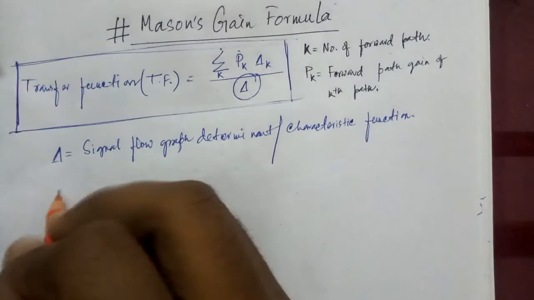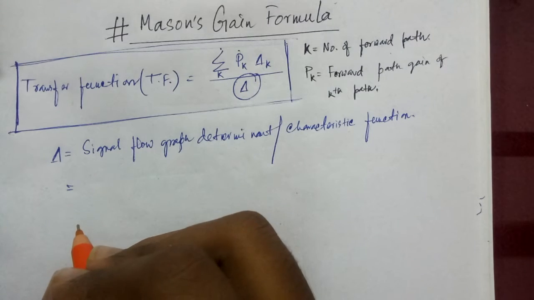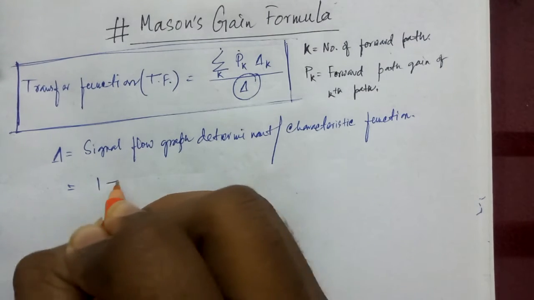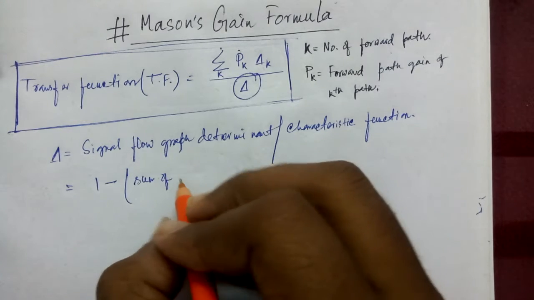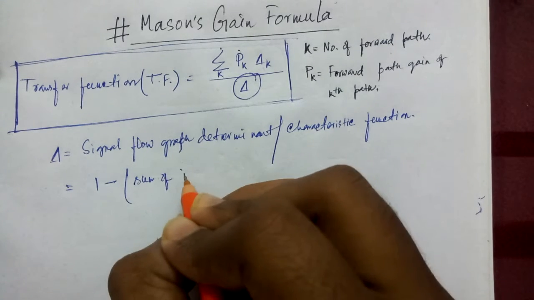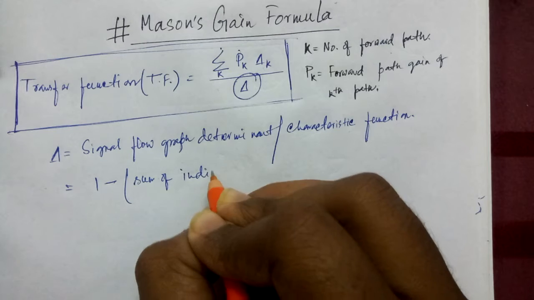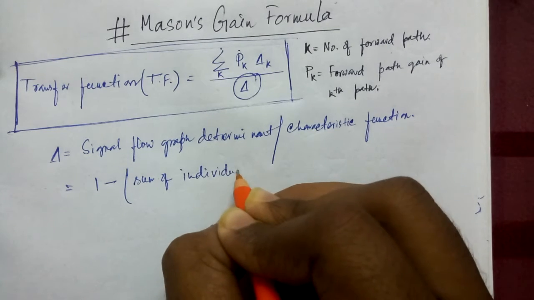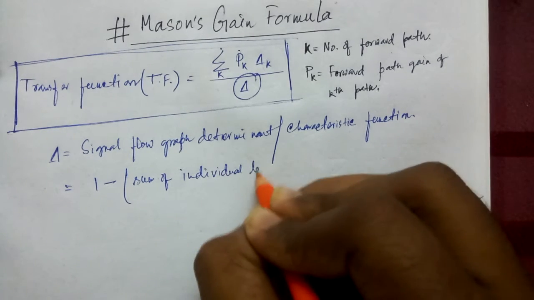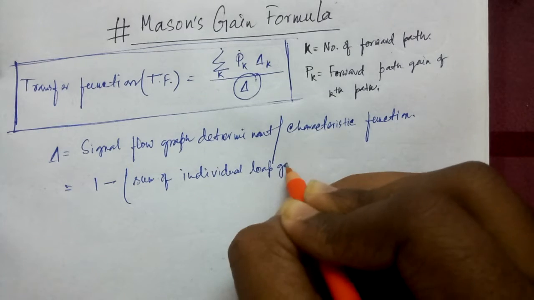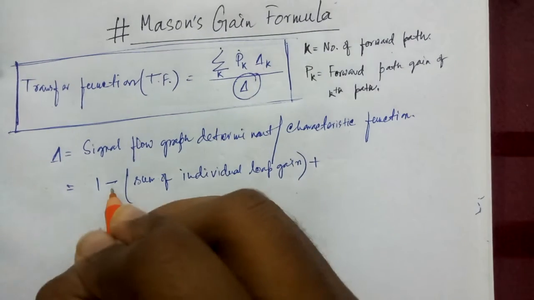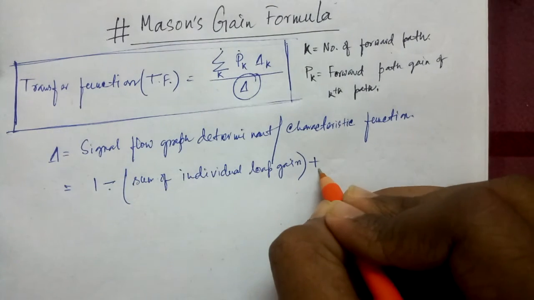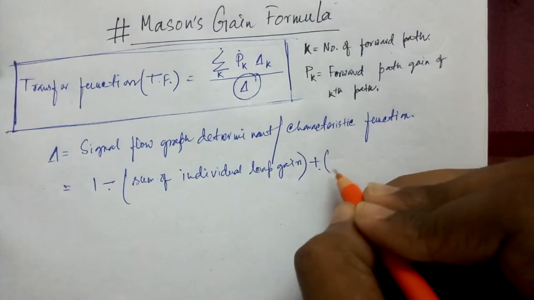Now, how is it calculated? It's calculated by a simple formula, that is 1 minus sum of individual loop gains, plus, first minus then plus, it will be alternating actually.